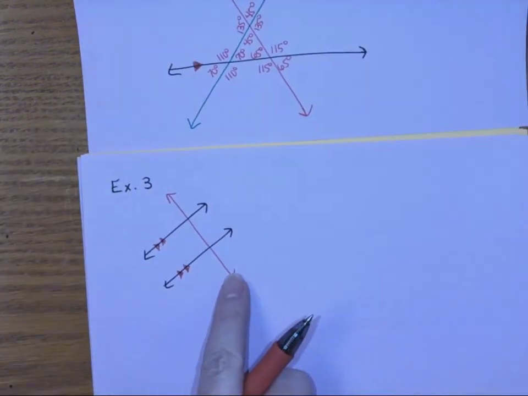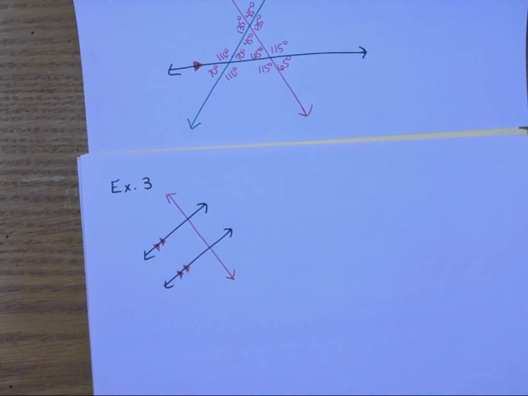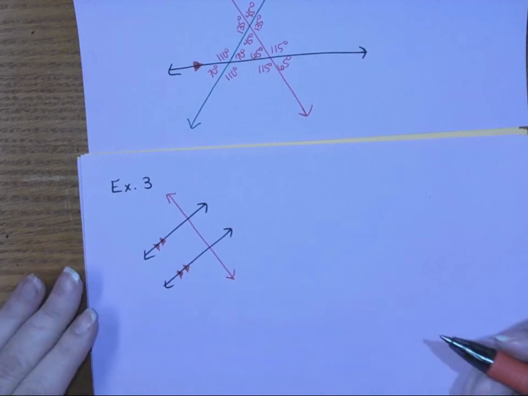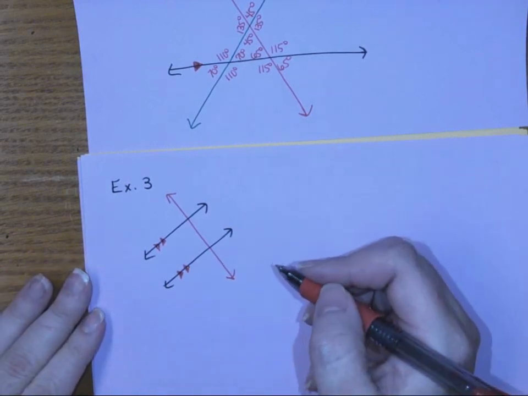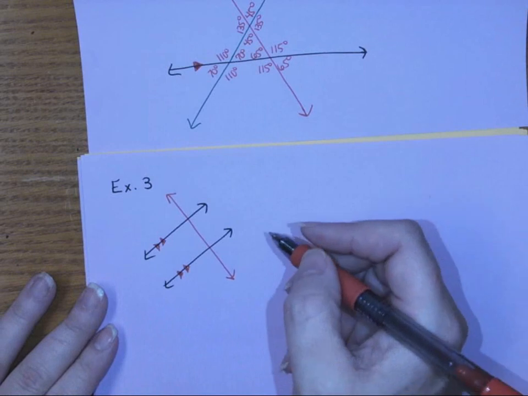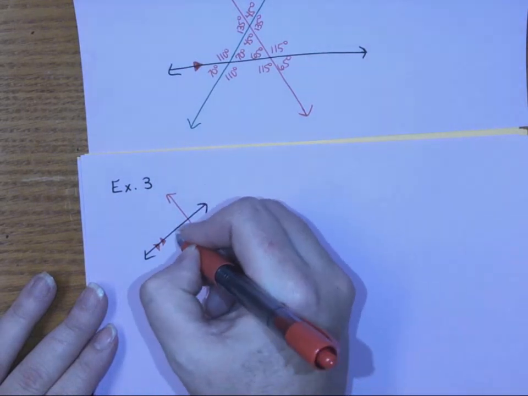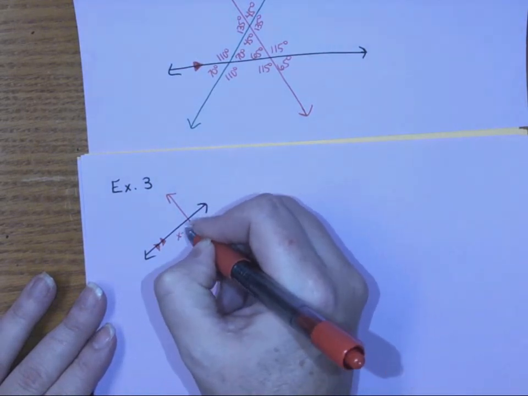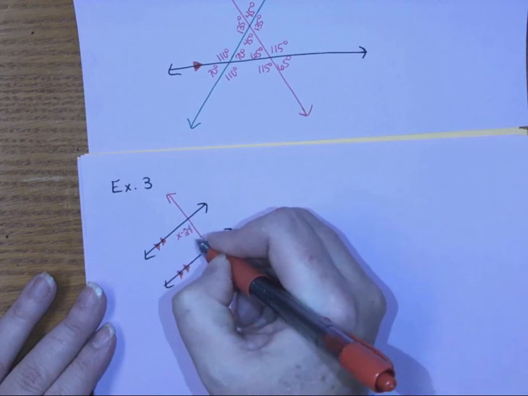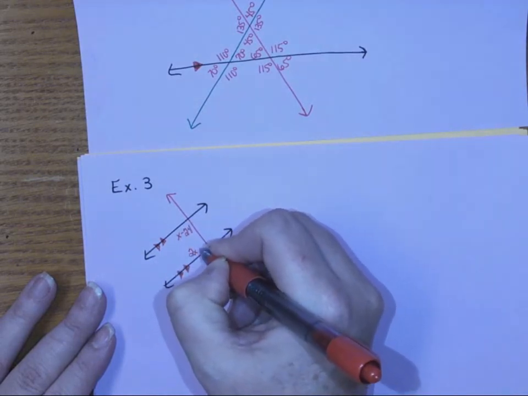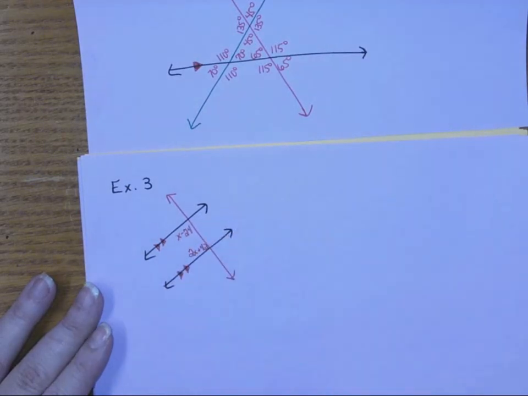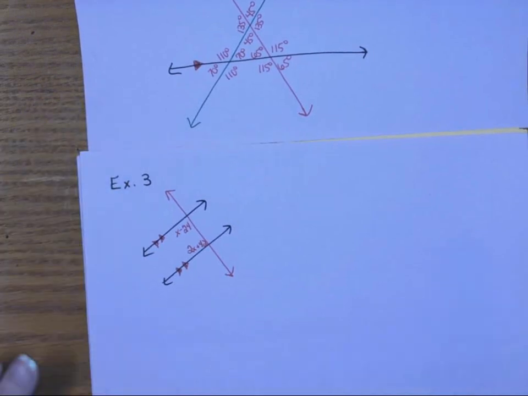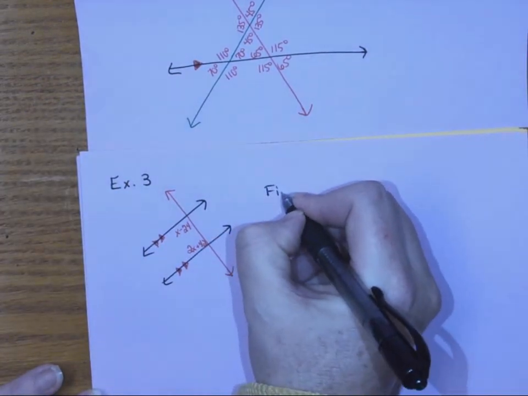Remember, this line is called a transversal because it crosses through the other two. And then let's say that I told you that this was x minus 24 degrees, and this was 2x plus 42 degrees. And I asked you to find x.